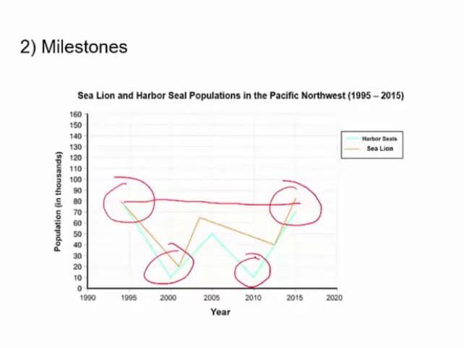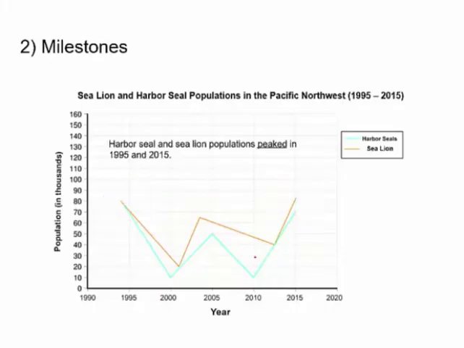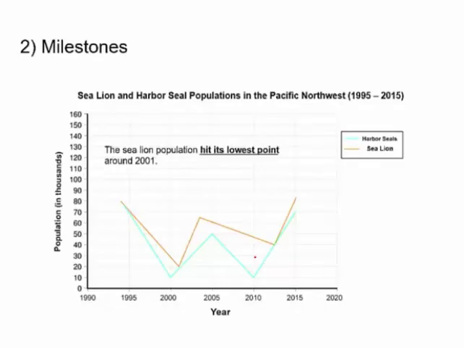Okay, so a milestone, the sort of extremes of the visual that you're seeing, will sometimes be the information you want to pull out and report about for your essay. Okay, so some sample language here. Harbor seal and sea lion populations peaked in 1995 and 2015. Okay, so the peak is the highest point, right? We could also report about how the sea lion population in particular hit its lowest point around 2001.